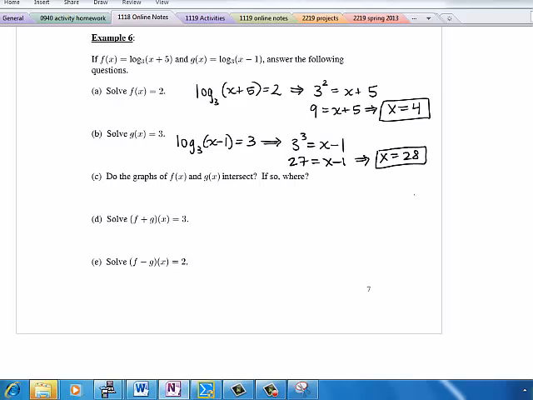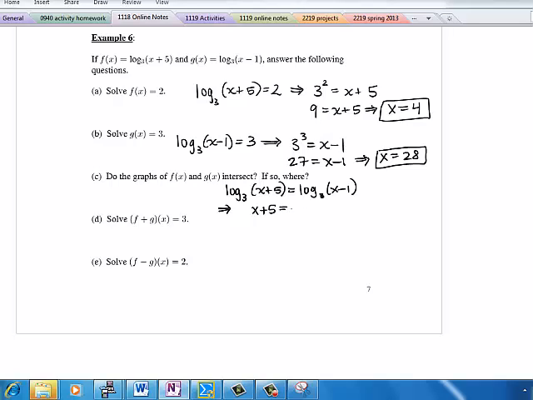Then it's asking us, do these graphs intersect? And if so, where? So we would have log base 3 of x plus 5 equals log base 3 of x minus 1. If they intersect, these are logarithms with the same base, so the inputs would have to be the same.